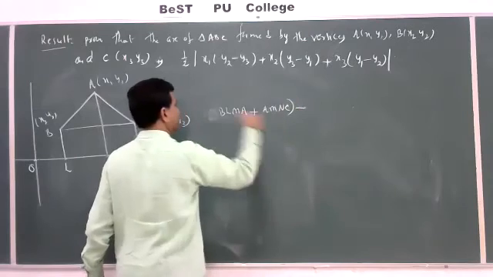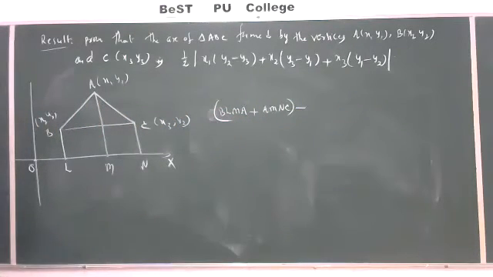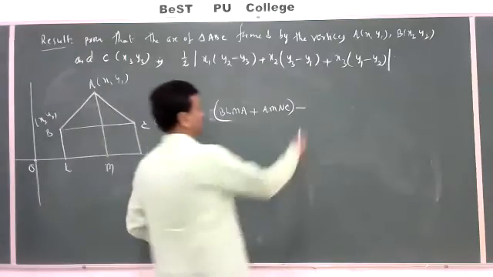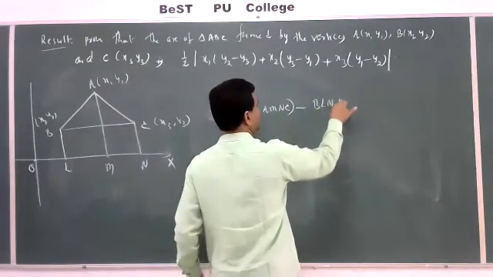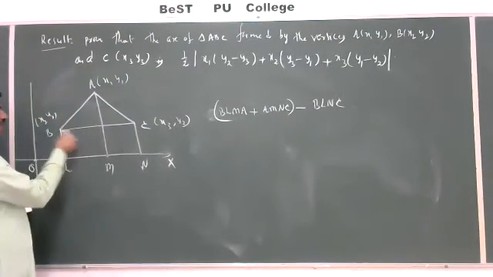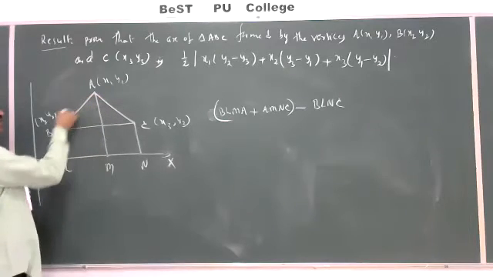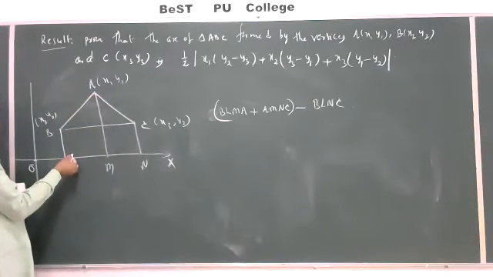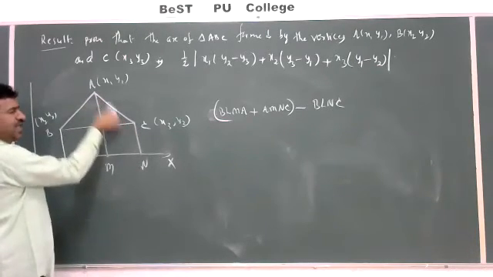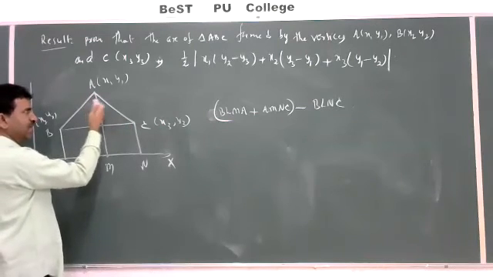minus of, see this, what do we have to subtract? It is not a rectangle. Here I got that shape, that is also a trapezium, BLNC. Why do we have to subtract BLNC? See this one. In the BLMA area, half of this triangle is there and this extra area is there. In the trapezium AMNC, the remaining triangle area is there.